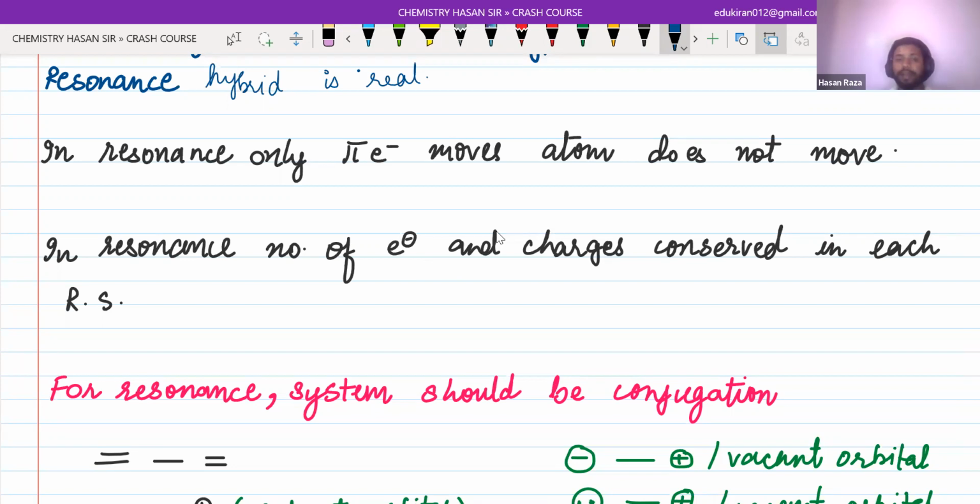So whenever you see any resonating structures, if you want to check whether they are resonating structures of each other or not, you just need to calculate the total number of carbon in each resonating structure. If they are equal, then it will be resonating structure. And you also need to calculate the charge. Overall charge will be same for each resonating structure. Is that clear?